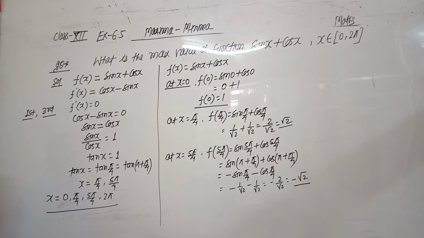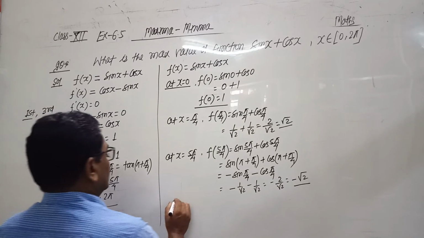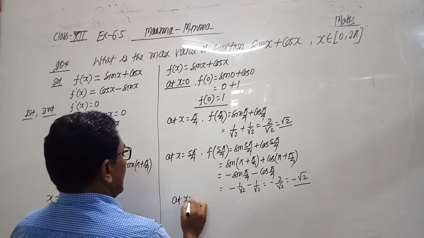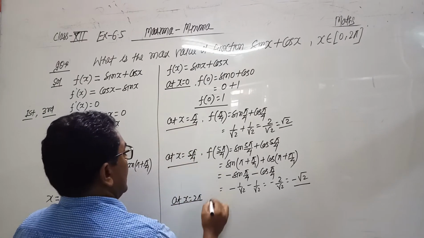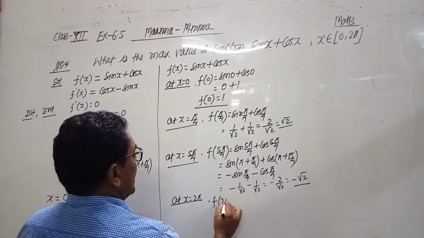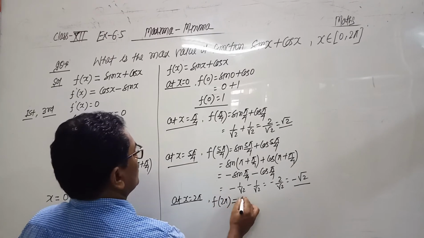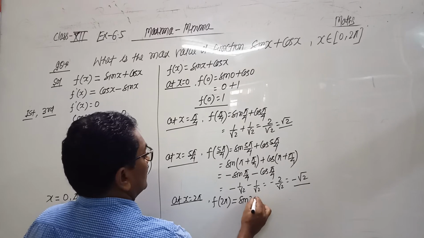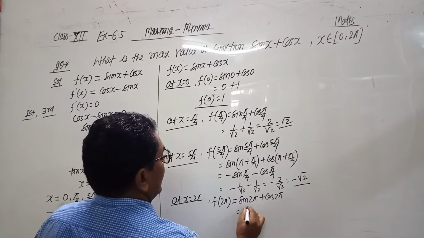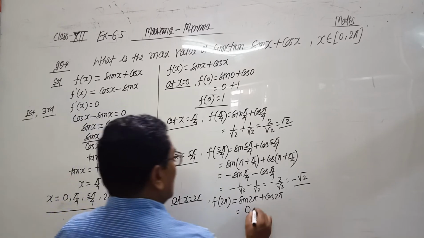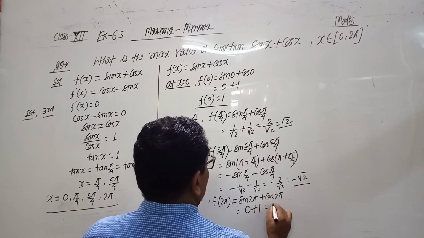Now we have to check at x equals 2 pi. So f of 2 pi equals sin 2 pi plus cos 2 pi. And the value of sin 2 pi is 0, cos 2 pi is 1.